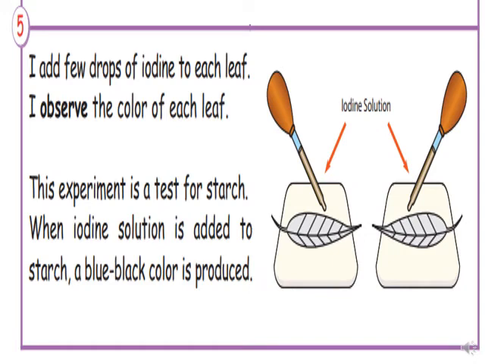iodine test. Iodine is used to identify the presence of starch, where it gives which color? Dark blue color in the presence of starch. So here we add the iodine solution and we observe the color. This experiment is a test for starch.